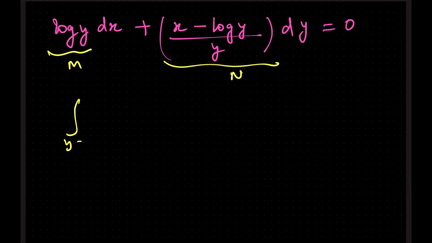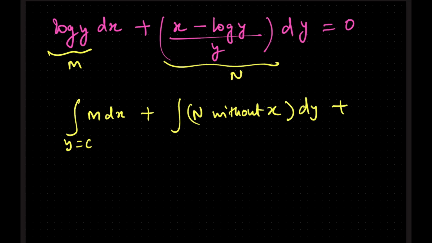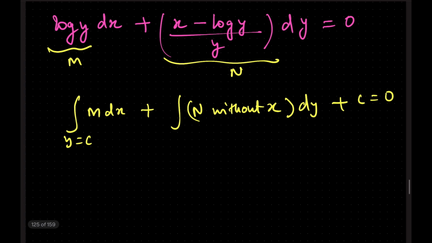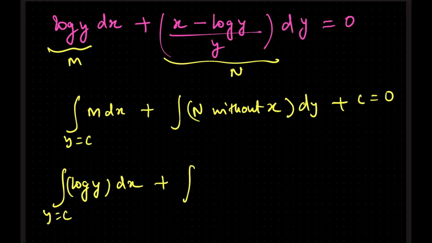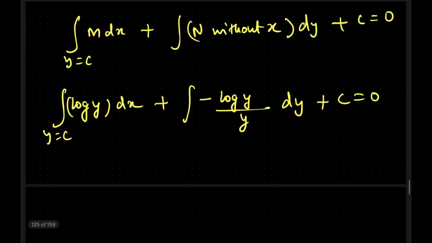So we know we have to use this formula: integral of m dx plus the n terms without x, plus c equal to 0. So first our m term is log y. We will integrate with respect to dx assuming y as constant, plus the n term without x, so this term we will eliminate, only minus log y by y dy, plus c equal to 0.